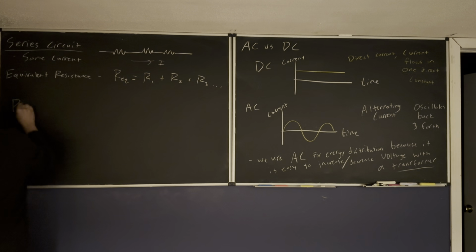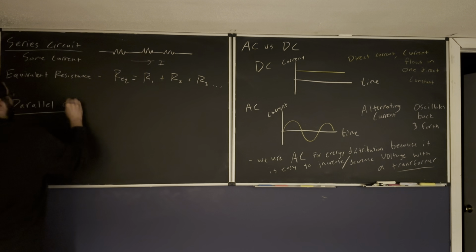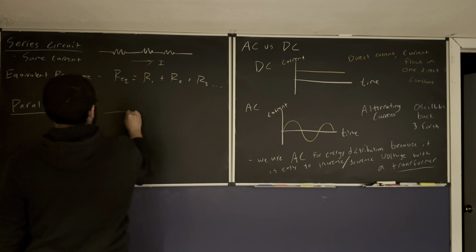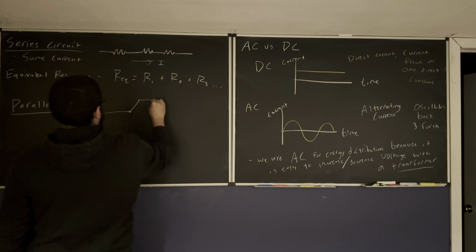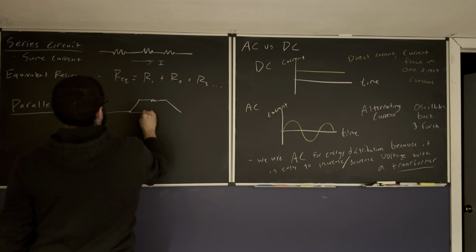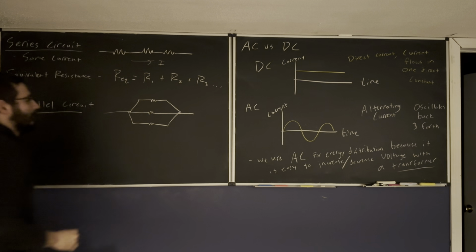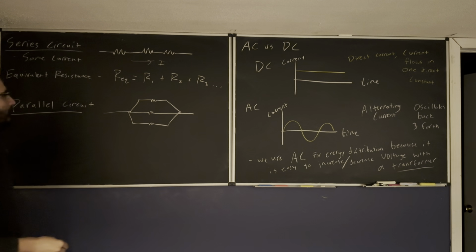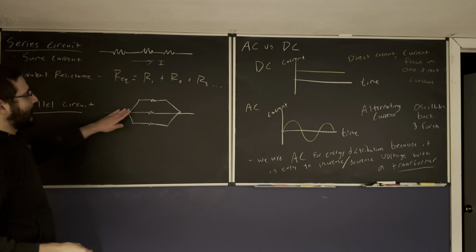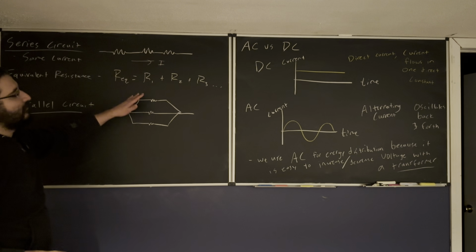So for resistors in parallel, one thing that's important to know is that there's a junction. Basically the wires have to split up into multiple paths and then recombine.